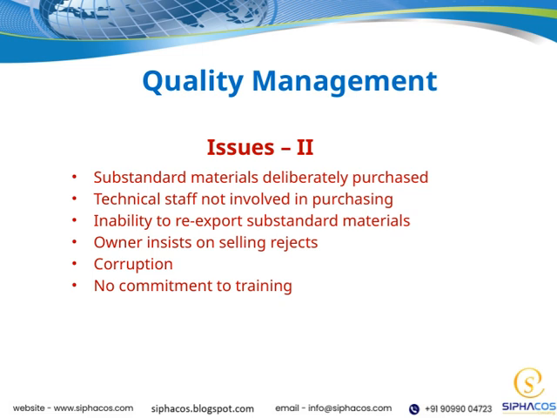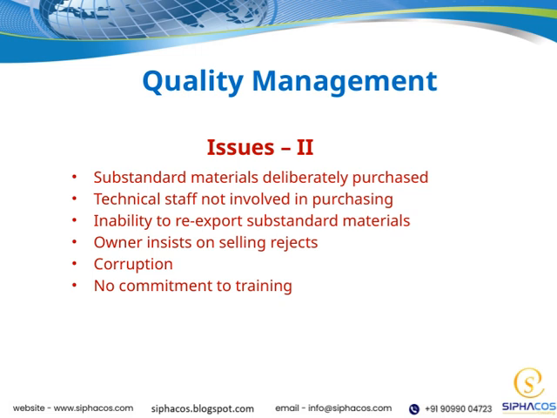Another issue is the inability to re-export substandard materials, which means we can't easily rectify or return inferior supplies, further escalating costs and delays. Adding to this, some owners insist on selling rejects, which not only affects the quality but also damages our reputation. Corruption is also a significant problem within the process, undermining transparency and accountability.